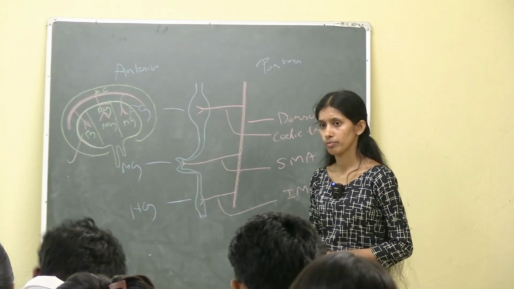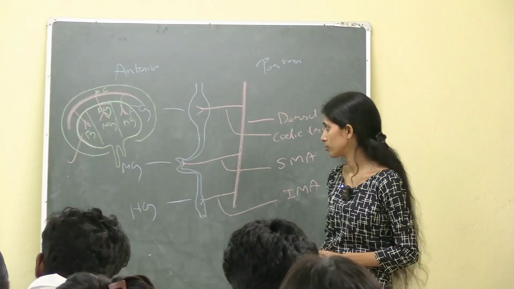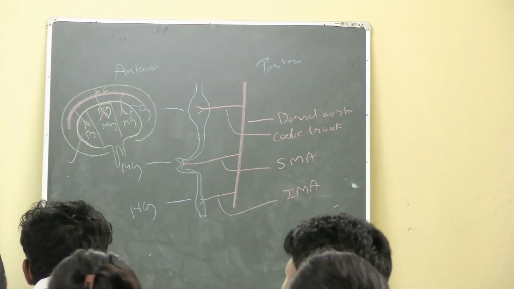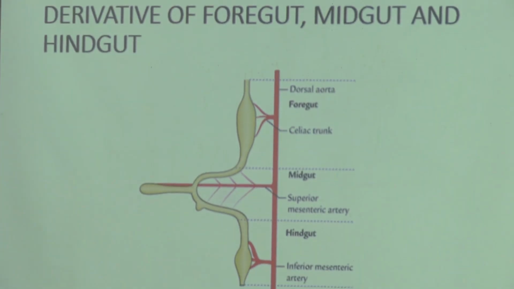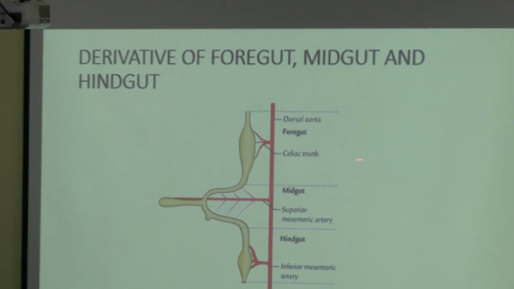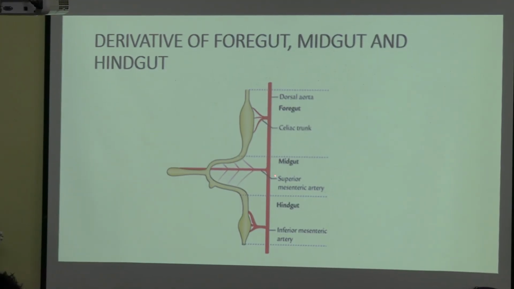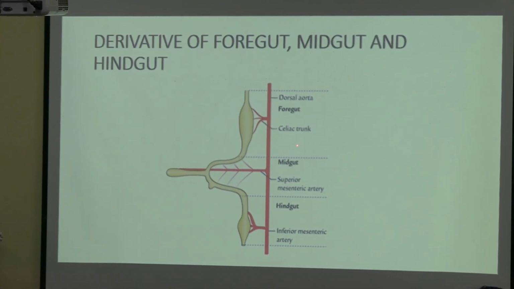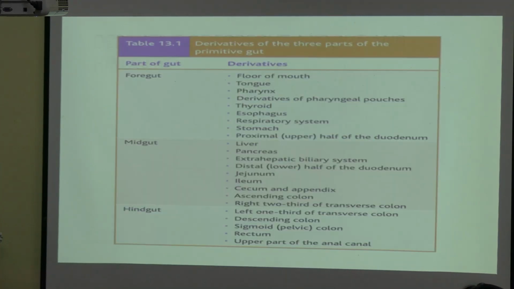Intestine. What about the hindgut? Is it clear for everyone? Any doubts in this? Here you can see this is your dorsal aorta. From the dorsal aorta, celiac trunk is supplying your foregut, midgut is supplied by superior mesenteric artery, and the hindgut is supplied by inferior mesenteric artery.